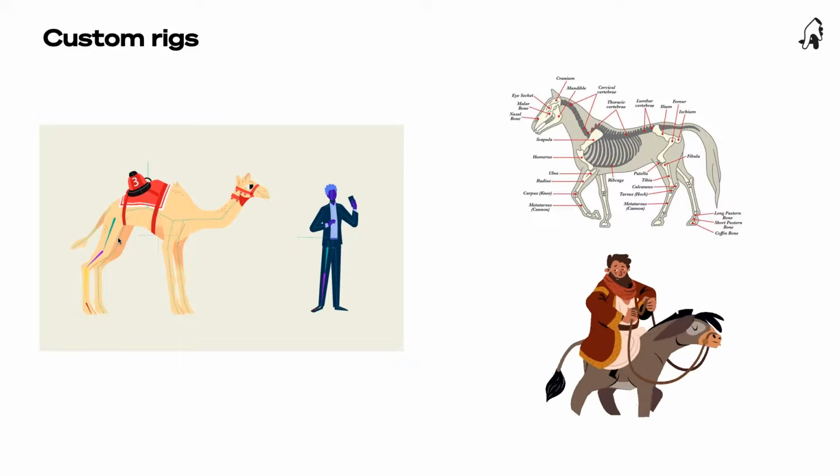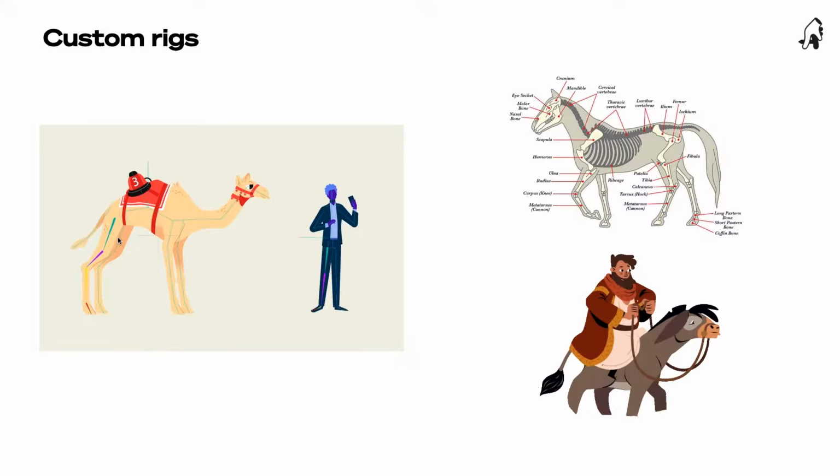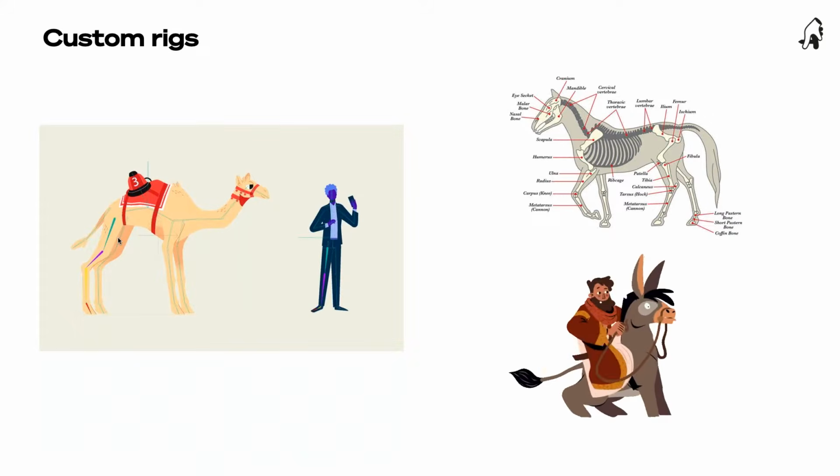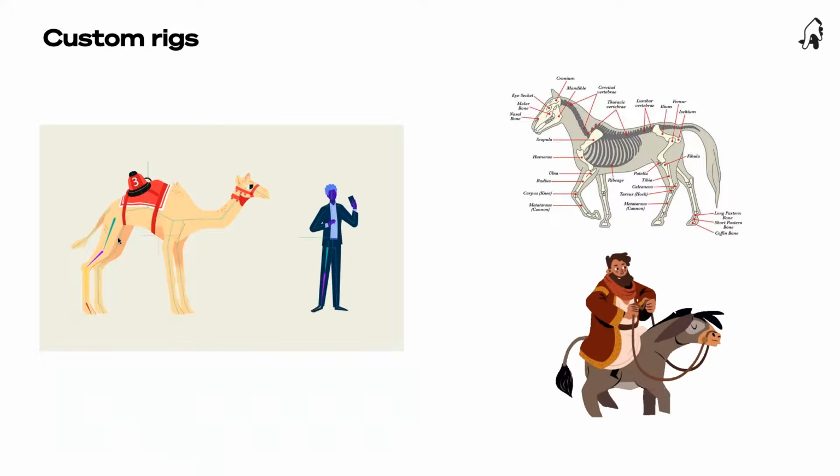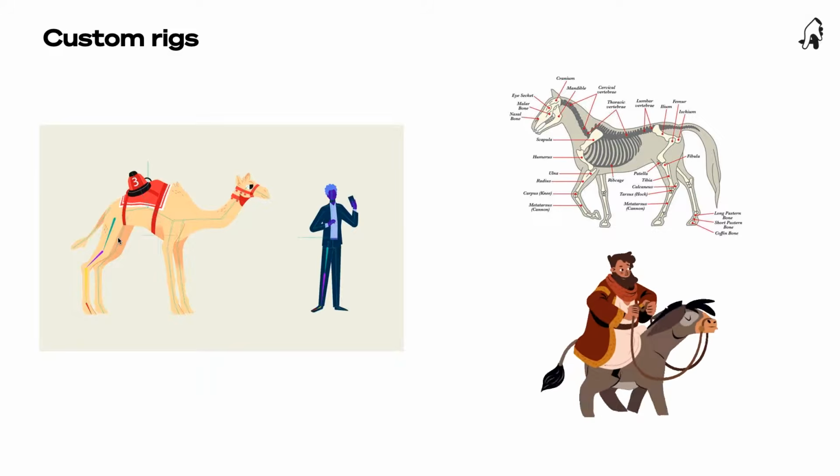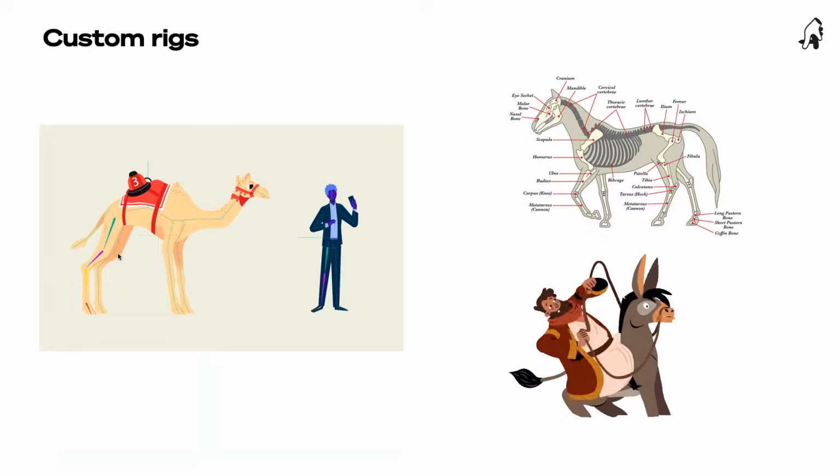She's super familiar with the anatomy of the horse and its movements. So if she knows how to animate how the horse is moving, the animation of a camel and a donkey is going to be much easier for her because those animals are pretty similar to each other.